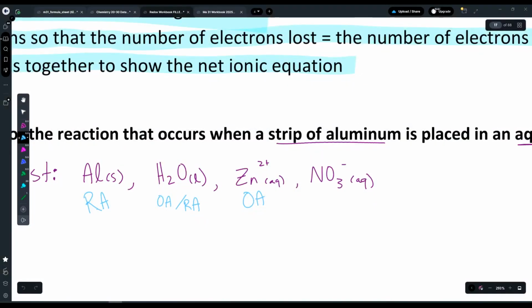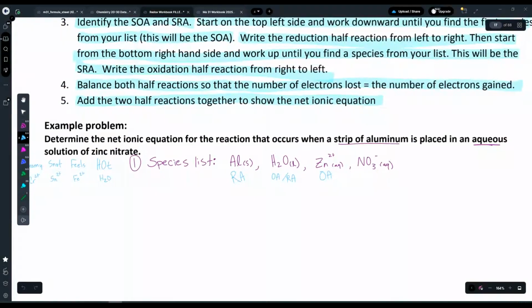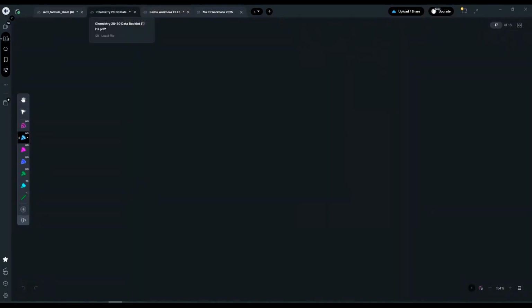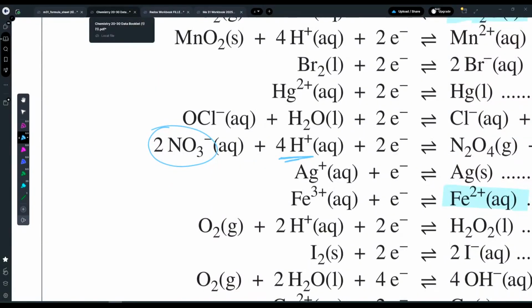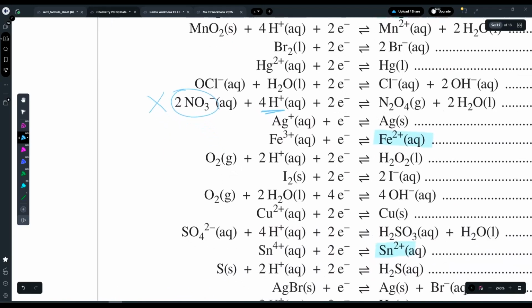If I look at the question and double check, it's not saying that this solution is acidified, so we definitely don't have H+ in here. Because I don't have both nitrate ions as well as hydrogen ions, I can't use this reaction. So I got to keep on moving.